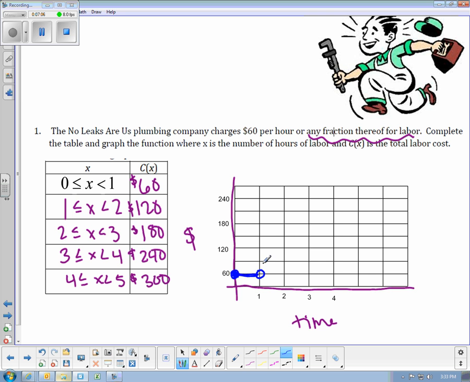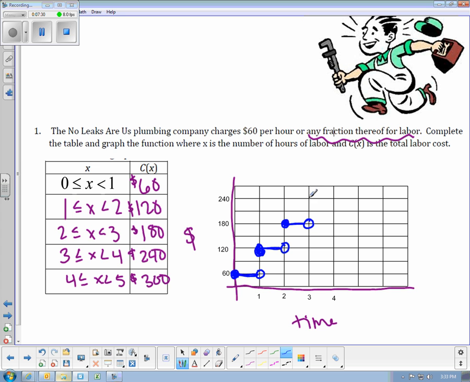Then I jump a step. I go all the way up to 120 there. So from 1 hour all the way up to 2, it's going to be 120. Then I jump a step again, from 2 hours all the way up to 3, it's going to be 180.